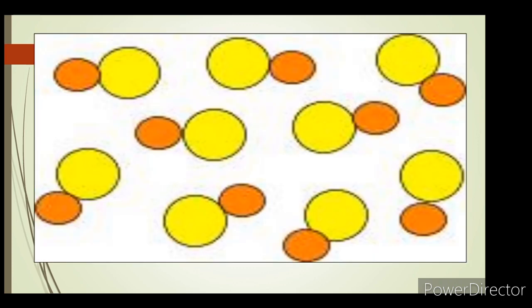Number 3, this is a compound. Since this is composed of two colors, the yellow and the orange, signifying that there are two elements combined together.